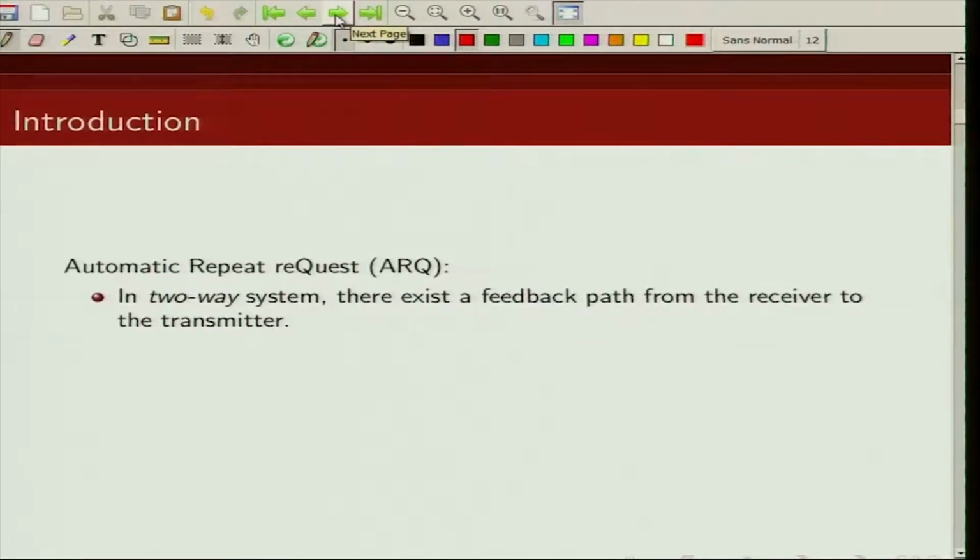Now, consider channels where there is a feedback from the receiver to the transmitter. We can encode the information sequence using an error correcting code, which we will use for error detection. Once we transmit this packet, the receiver will try to detect if there is a parity violation. If the receiver detects that the bits are not received correctly, it is going to send a negative acknowledgement to the transmitter, because it is a two-way channel.